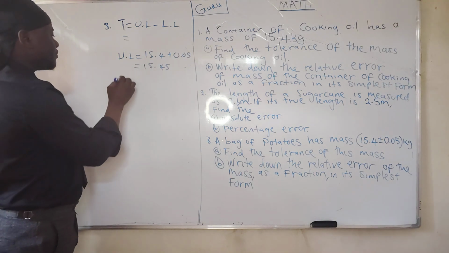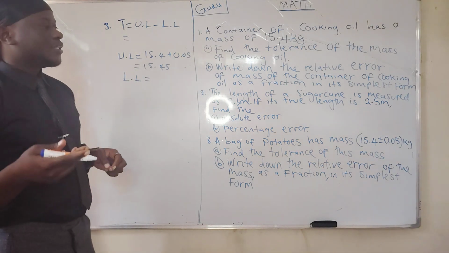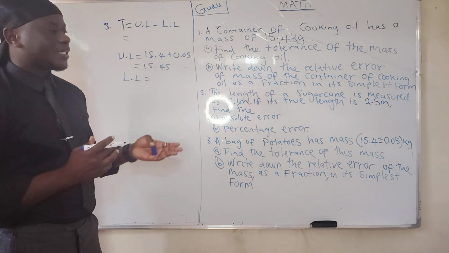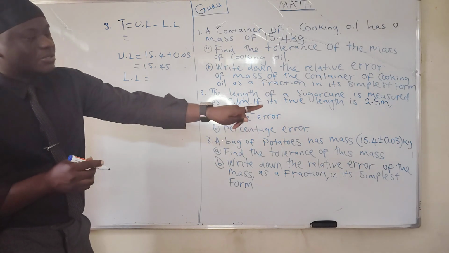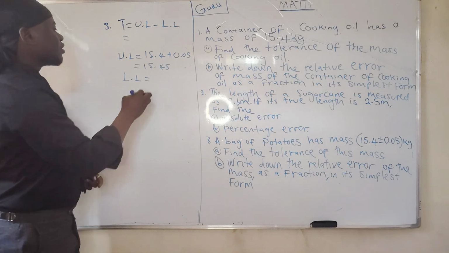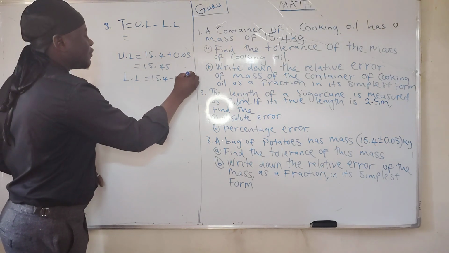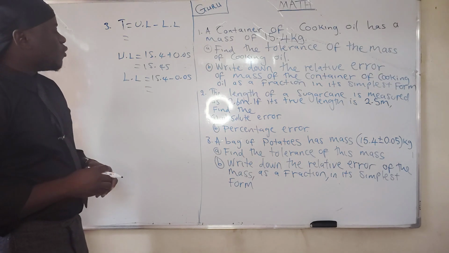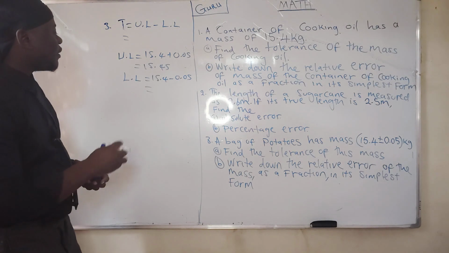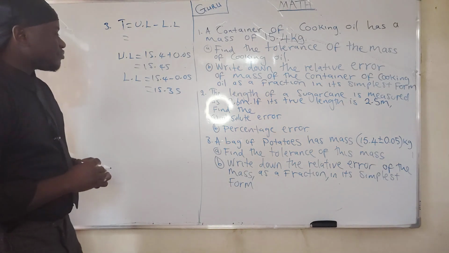That's the upper limit. Lower limit, remember, you subtract. So that's the minus which you are seeing there, meaning when you subtract, you get the lower limit. So you say 15.4 minus 0.05. You have 15.35.